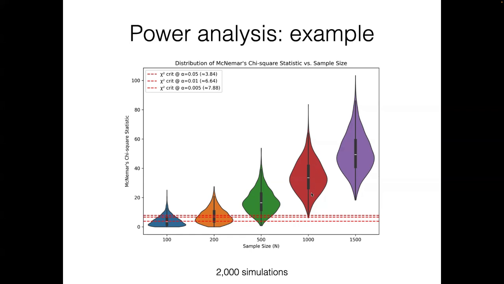Whereas if you have 1,000 data points, then you could be pretty confident that if you observe this 10% difference, then the result is statistically significant. If you have 1,500 samples and you see this 10% gap in accuracy, then you could be almost certain that it's a significant result.